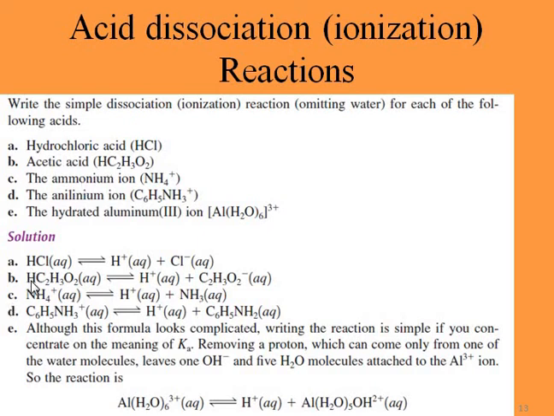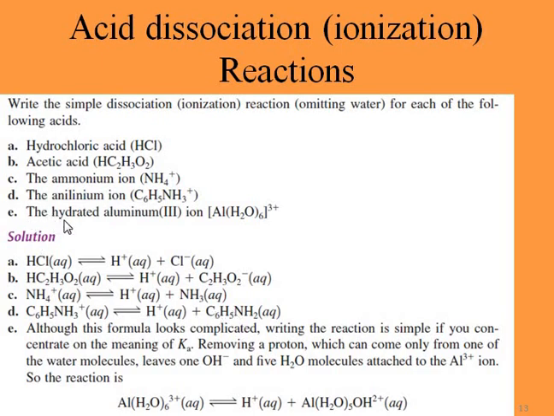Acetic acid, HC2H3O2, becomes proton, and the rest of it is going to be whatever you see here with one less hydrogen and the negative sign. NH4 plus, when it loses the proton, is going to be NH3, ammonia. And the last one is the aluminium ion. We have it here. When it loses the proton, it becomes like that.